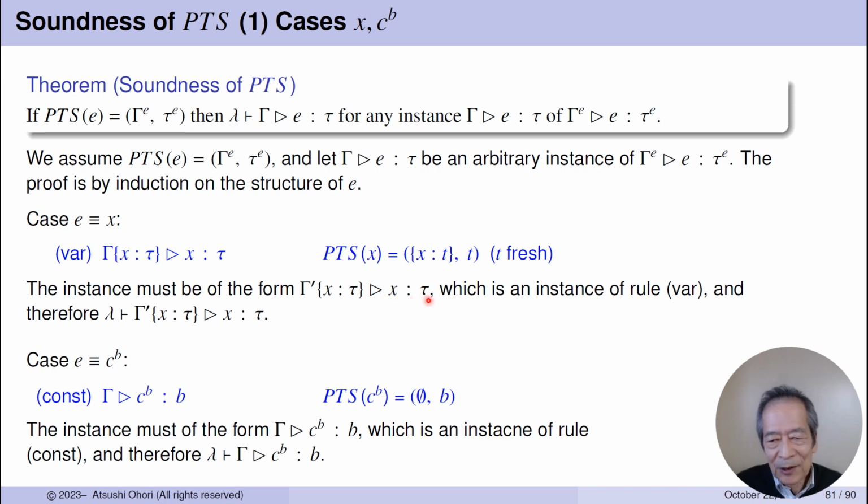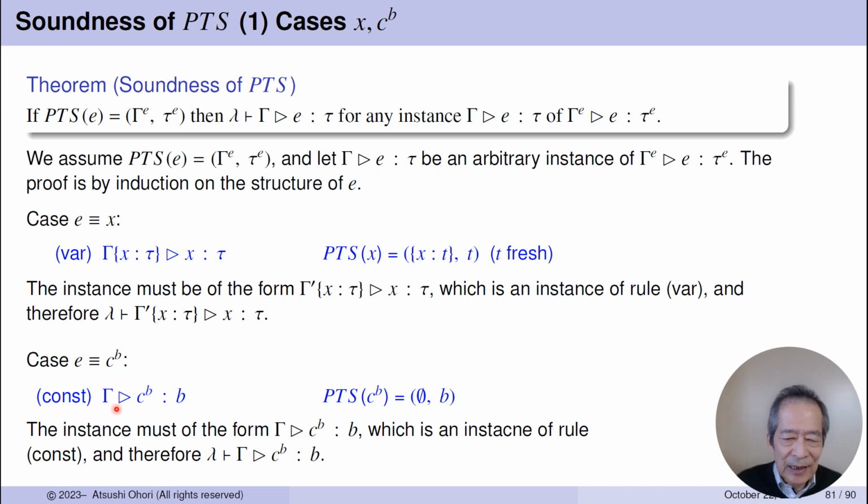This is obvious by definition. This is an instance of the variable axiom, which is specified this way. Therefore, this arbitrarily picked instance is indeed derivable. So this is done.